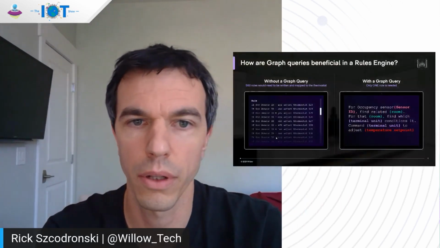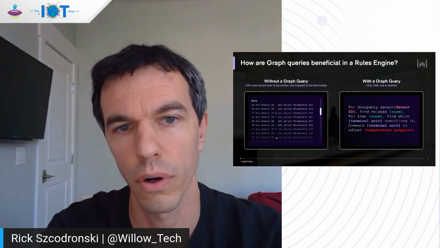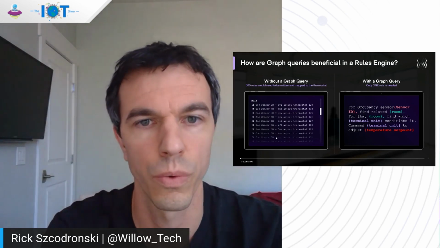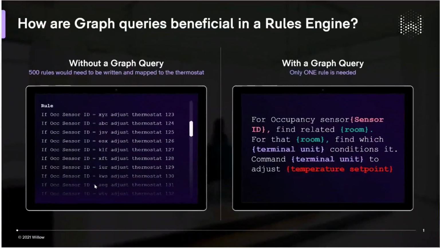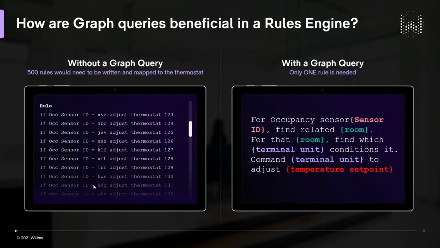The first one is really geared around, let's say you're trying to develop a query for a rule. Let's say you want to write a rule and you need to be able to pull some twins out of the graph. Traditionally, what you need to do is basically write out every rule line by line and do a bit of ID mapping. This ID matches to this ID.